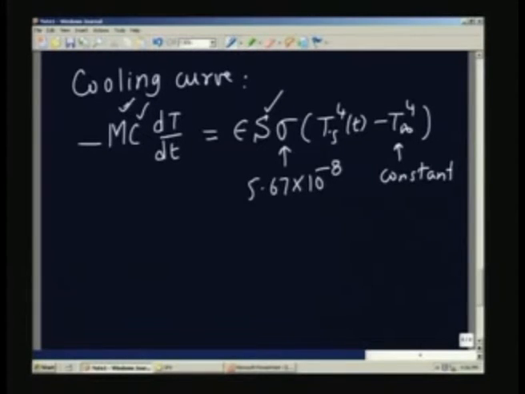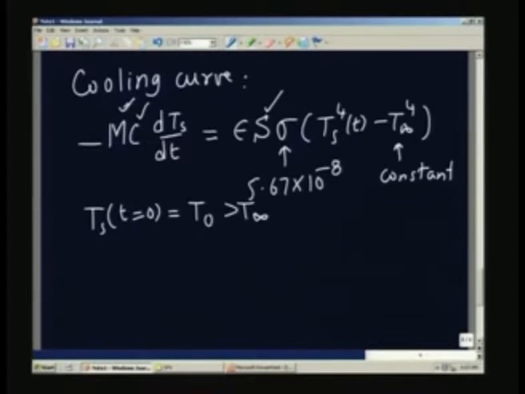Then T s can be measured as a function of time, with T s at t equal to 0 equal to T naught, greater than T infinity. This is what we have. When you integrate this equation, you will get the cooling curve.